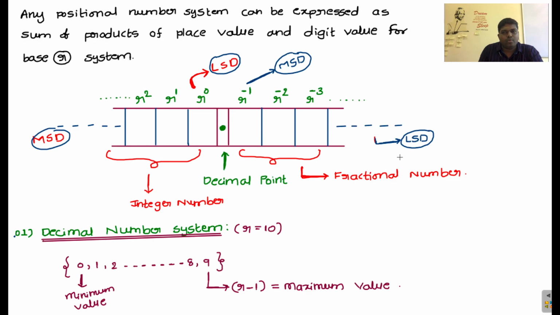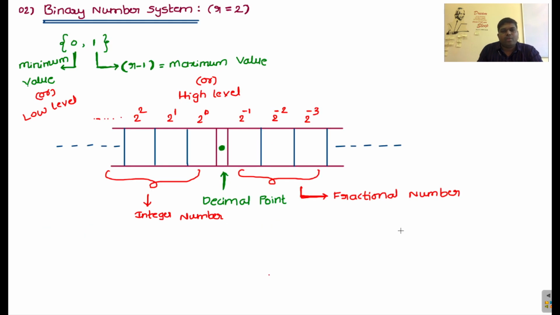Okay, we have two bits, one is 0, another one is 1. If you observe this, the leftmost bit is called the most significant bit, and this portion is called the least significant bit.